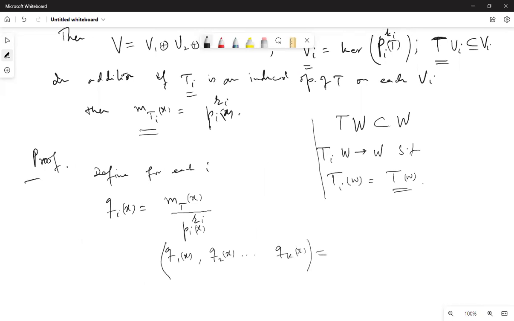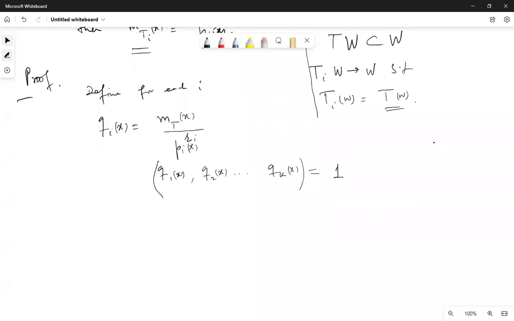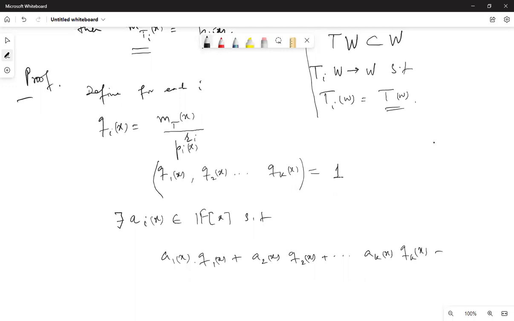The GCD of these polynomials would come out to be 1. Okay. And if the GCD of these is 1, then by simple algebra there exist ai(x) in F[x] such that a1(x) q1(x) plus a2(x) q2(x) plus and so on ak(x) qk(x) is equal to 1.